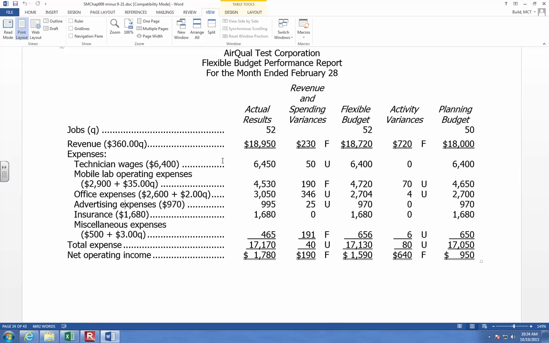How about how much were my mobile lab operating expenses off percentage-wise? 4%? So is that worth taking a look at? That's probably material, 0.04, 4%, right?